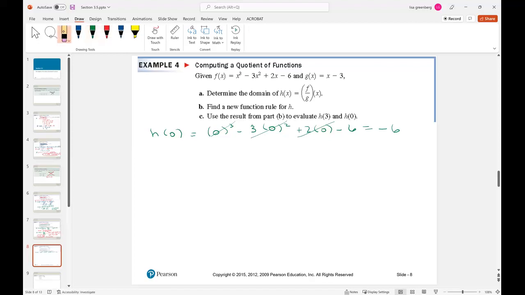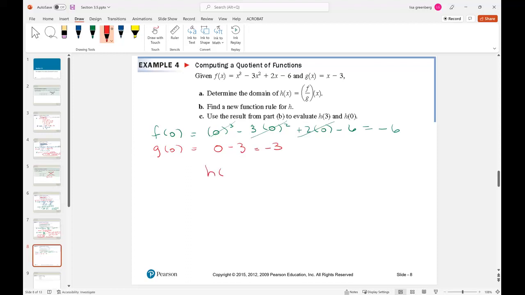You know what? Let's do it like this. Let's define f of 0 first. And then let's define g of 0 is equal to 0 minus 3, which is equal to minus 3.